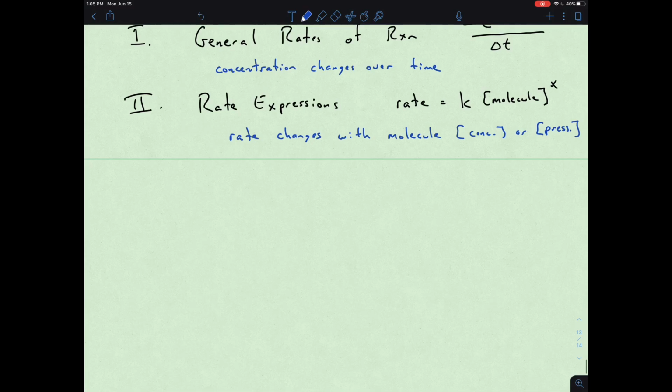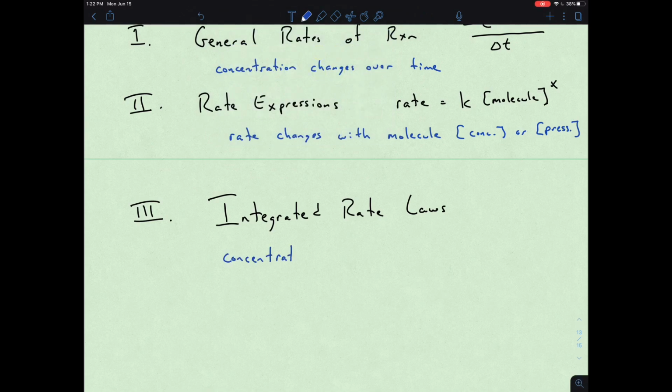And so that brings us to the third piece, which is really a combination of those two, which is integrated rate laws. And this is actually now combining the two and looking at how concentration changes with time.